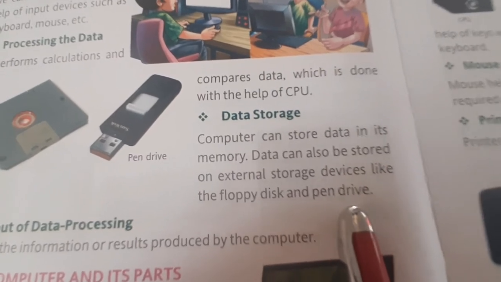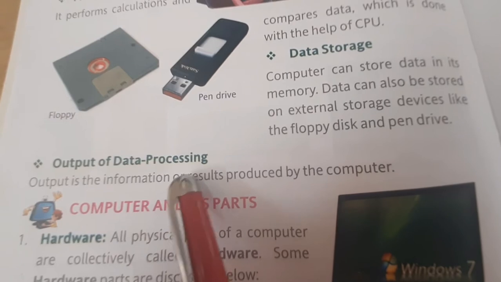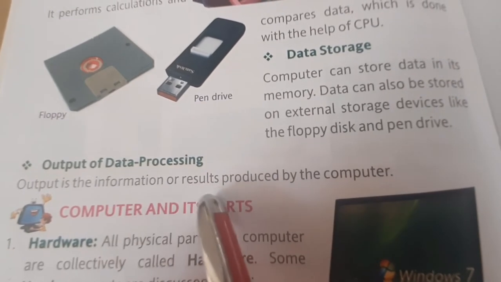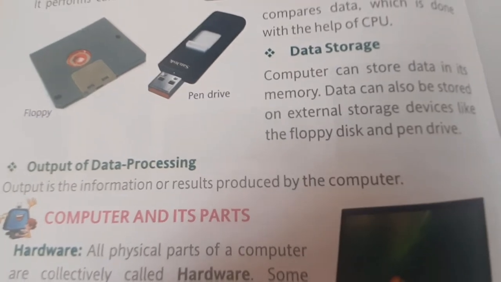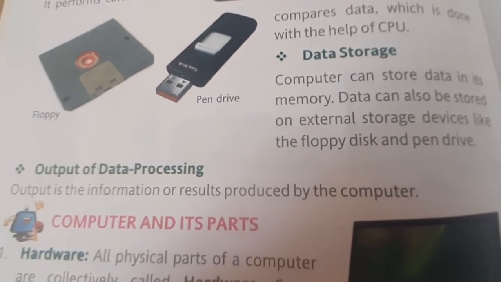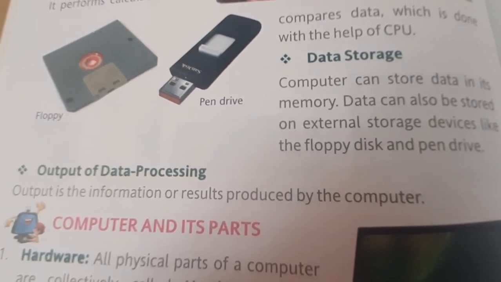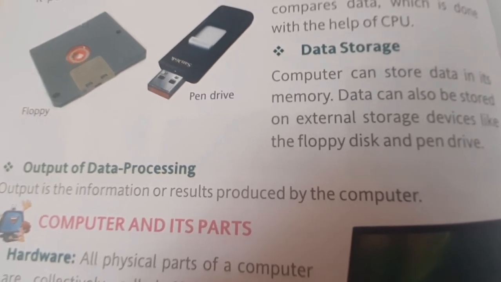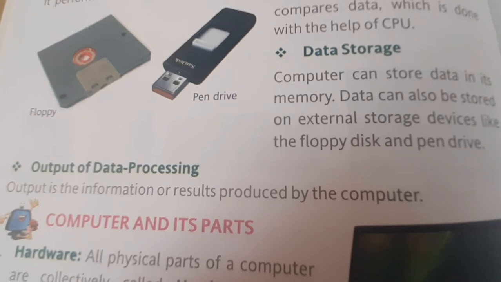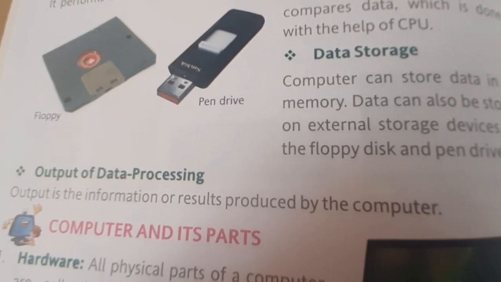You must have seen the pen drive, I'm sure, children. And then output of data processing. Output is the information or results produced by the computer, means the information that we need from the computer because of which the input was done is known as output.